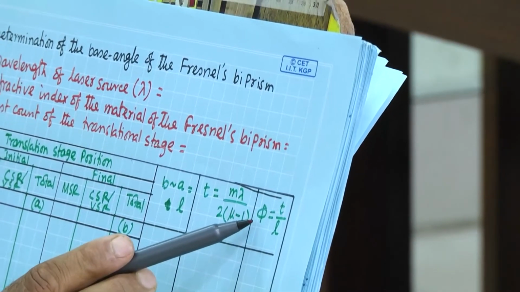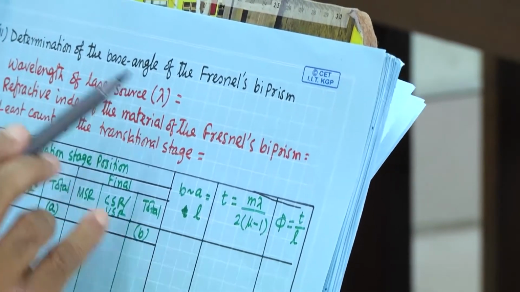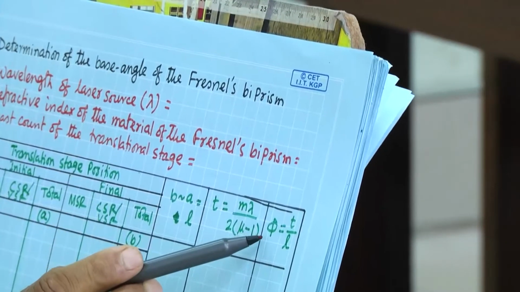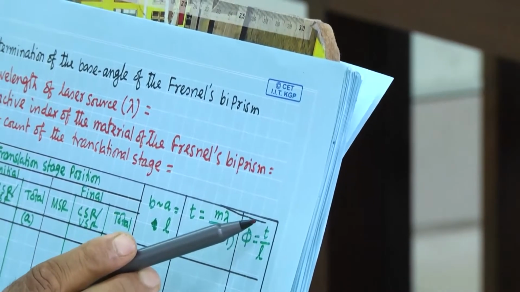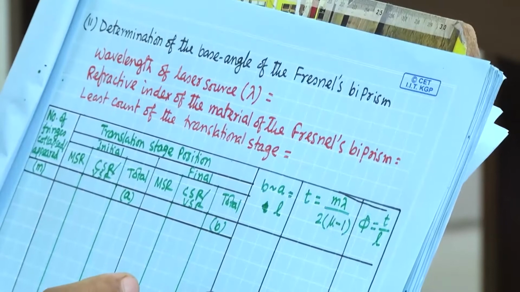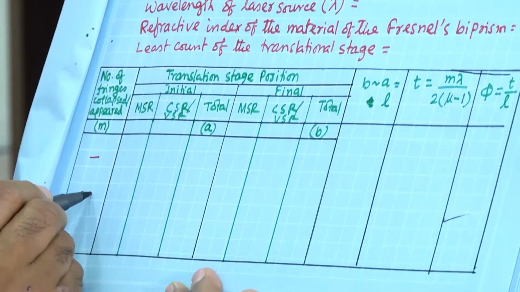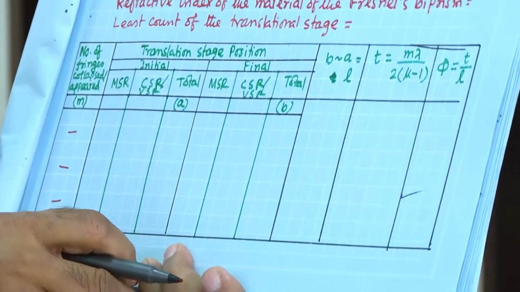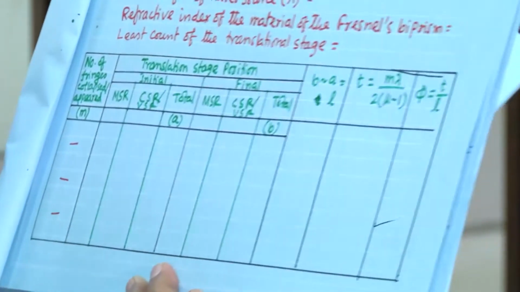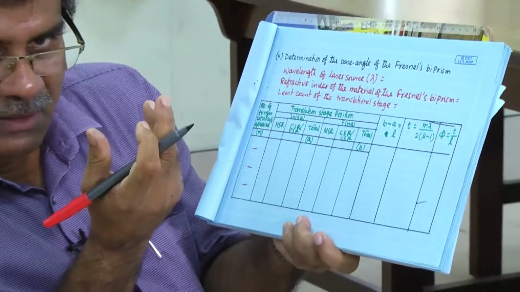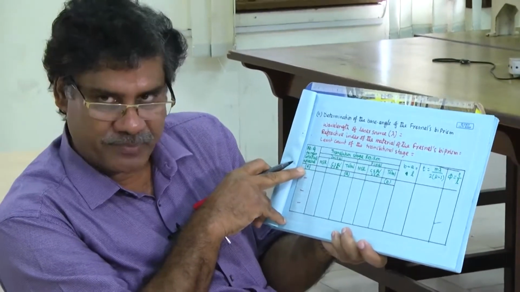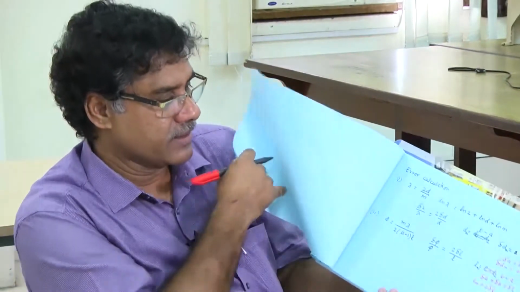So, now the base angle of the biprism, phi, is equal to T by L. We can calculate. Again, you can take at least 3 readings for different translations and different corresponding m, and you find out phi and take the average of this phi.